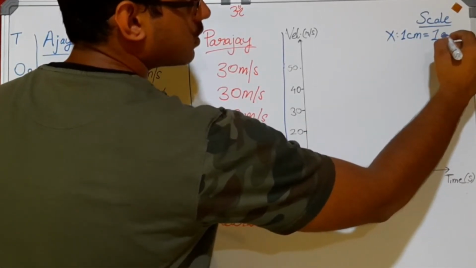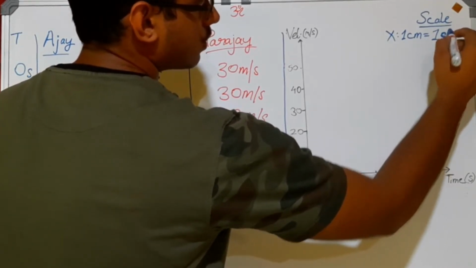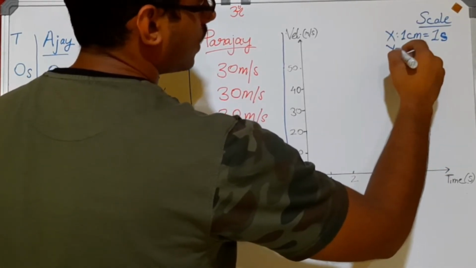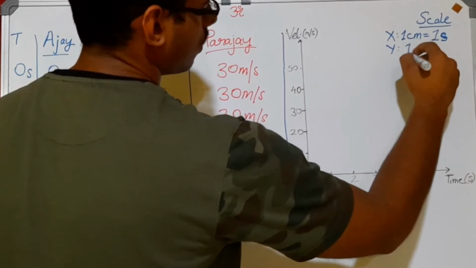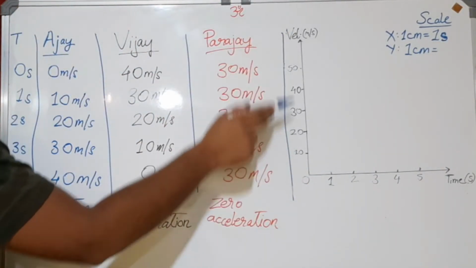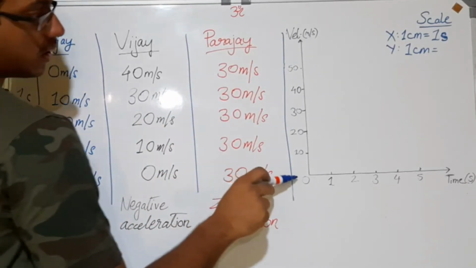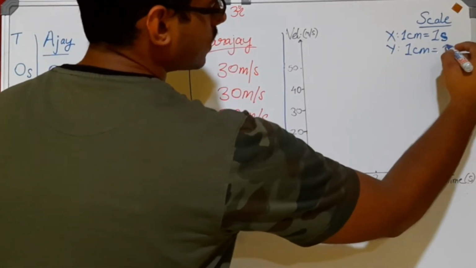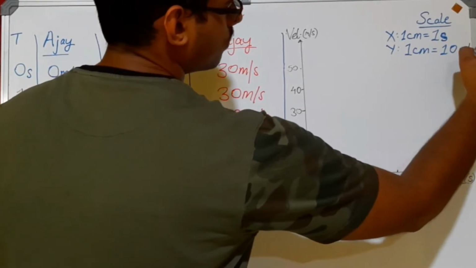On the y-axis, 1 centimeter is equal to, velocity is taken on the y-axis, so 1 centimeter is 10 meter per second.